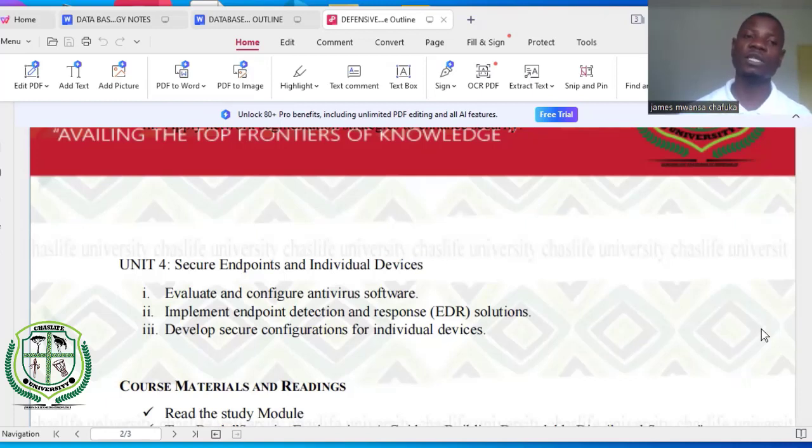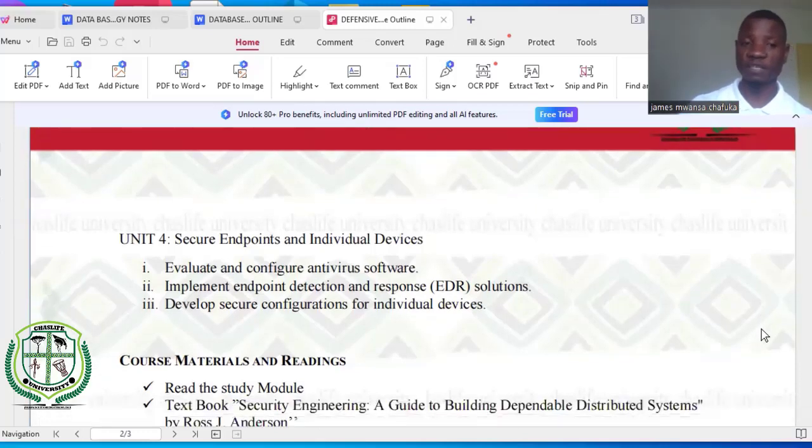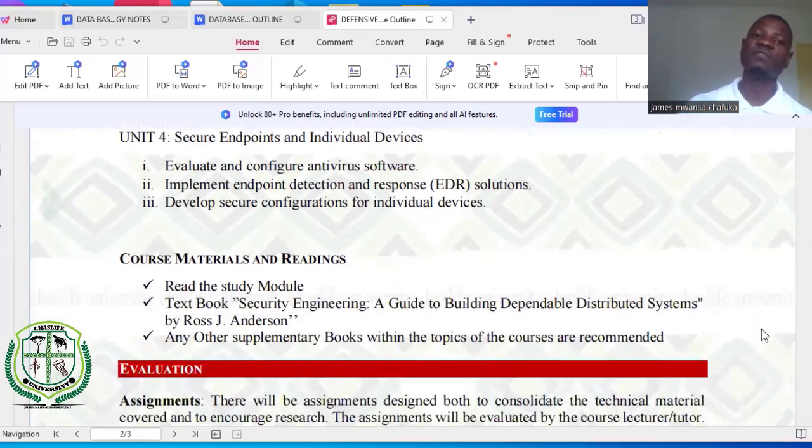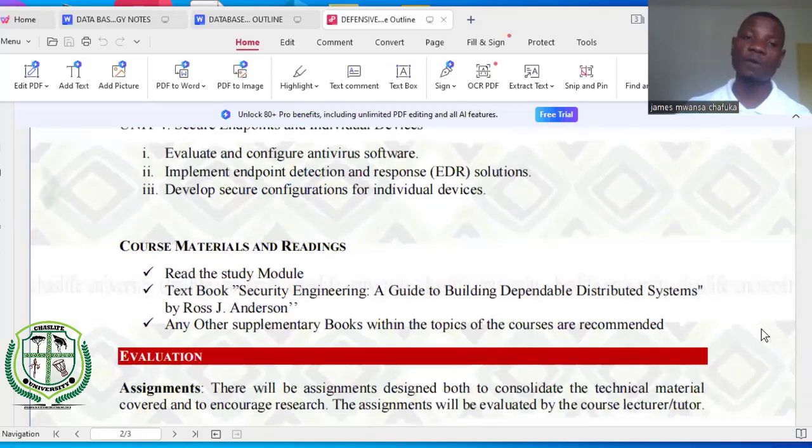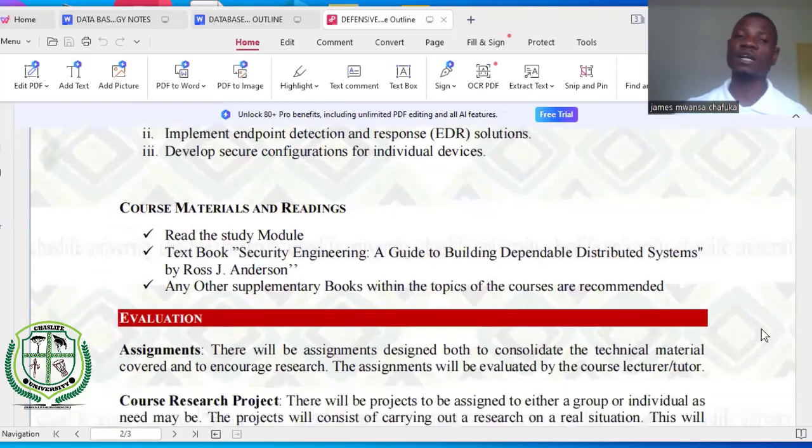The other point is that they will also be able to develop secure configurations for individual devices.